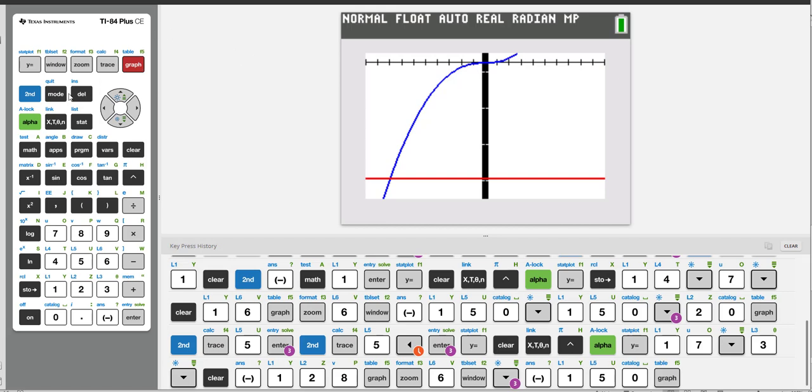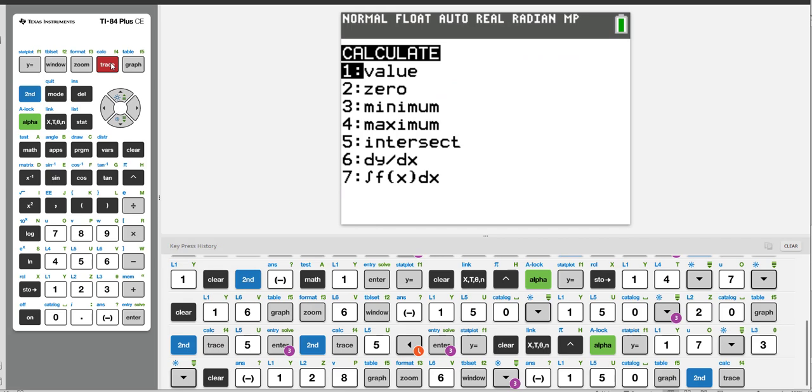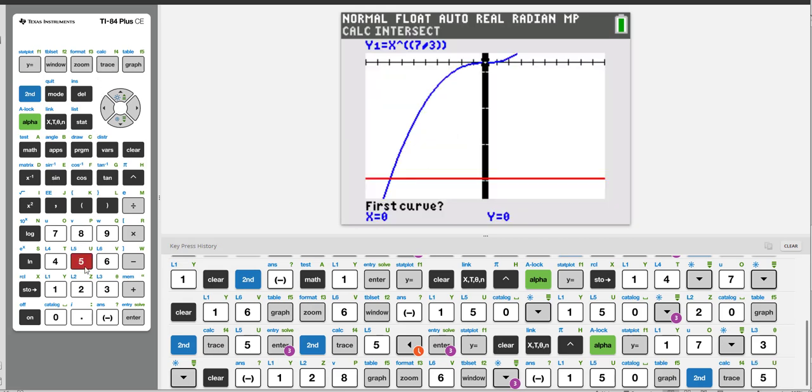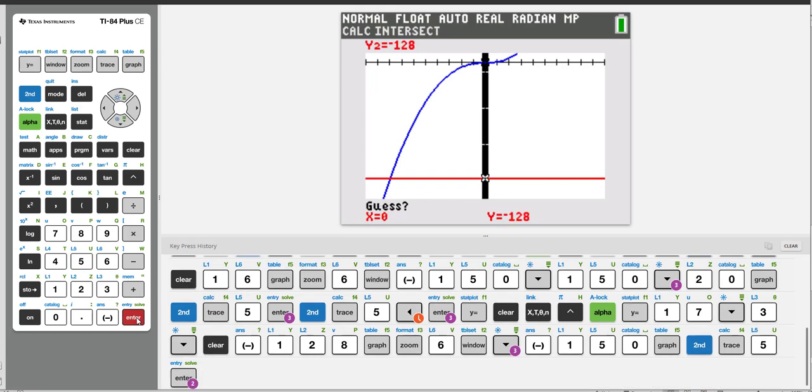Press second calculate. Select number 5, intersection. Press enter 3 times. Notice the intersection x equal to negative 8 at the bottom of the screen. This is your solution.